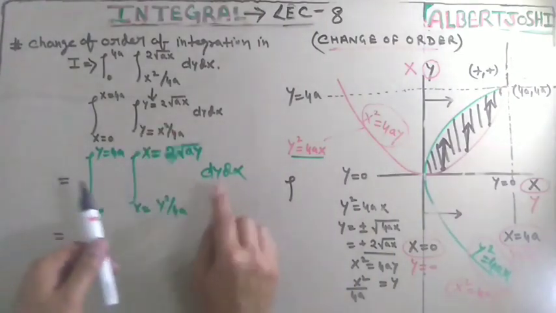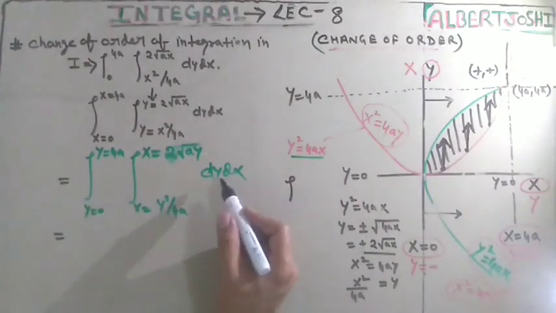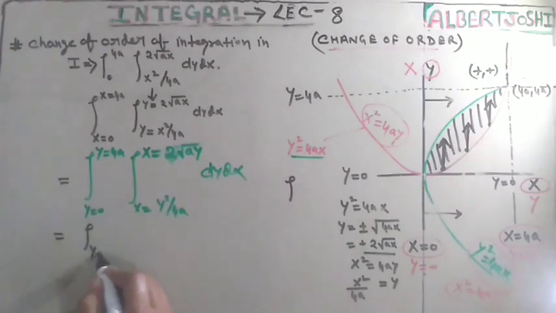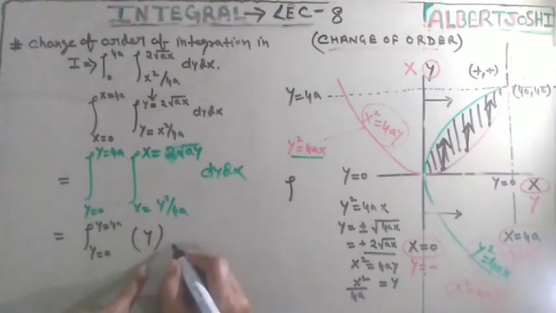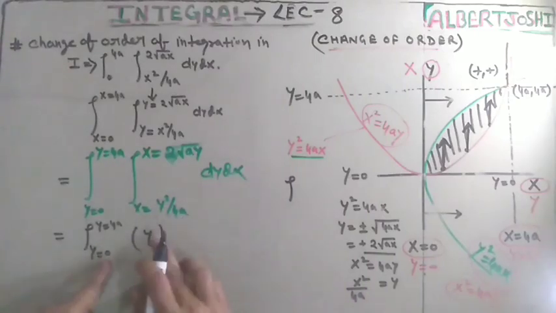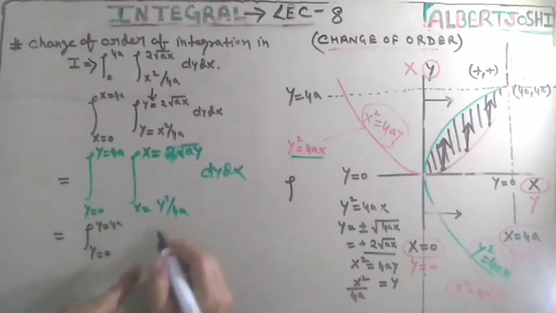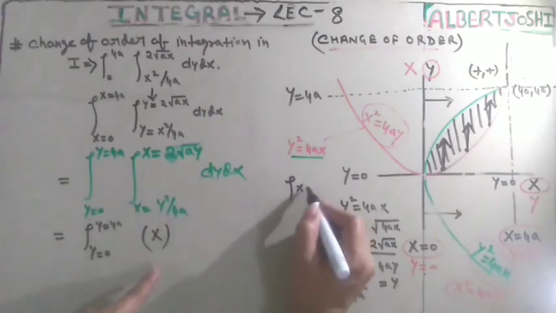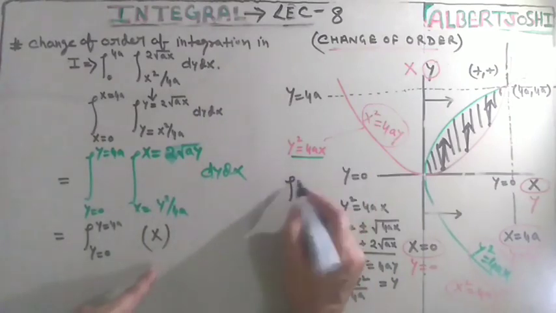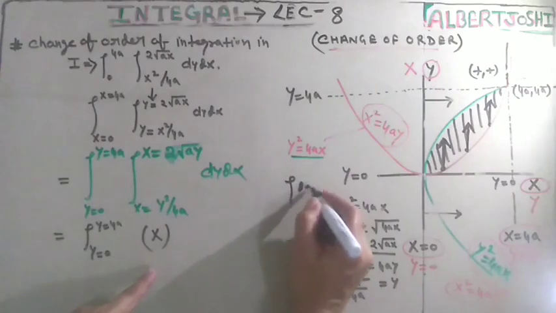So at first you have to calculate y, from y is equal to 0 to y is equal to 4a, and the integration is with respect to y. Then in place of x you have to put this value. Integration of dx is equal to x.